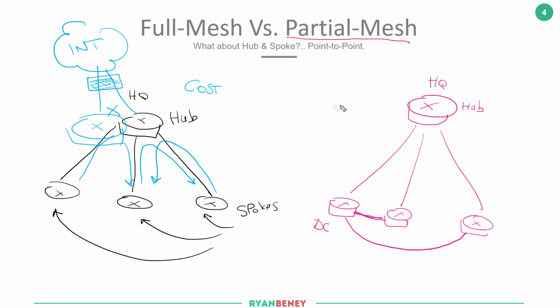Let's say as the company grew, it turned out that our service provider gave us a good deal and we were now able to get links to every other site. In order to become a full mesh, we would need to make sure that every site has a link to every other site. And then it becomes a full mesh design.